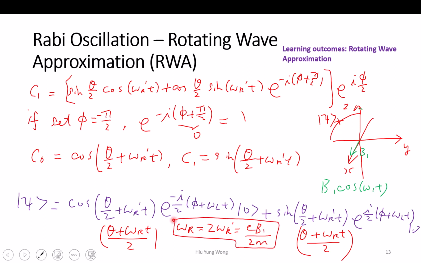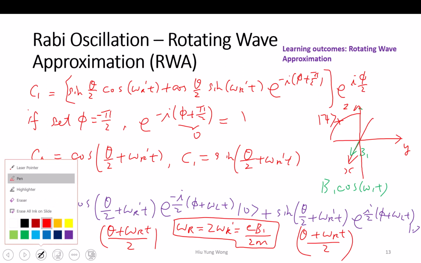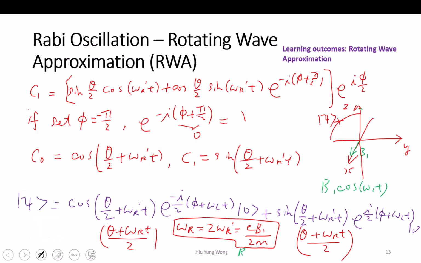The state is also rotating down by this angular frequency, and this is the so-called Rabi frequency.